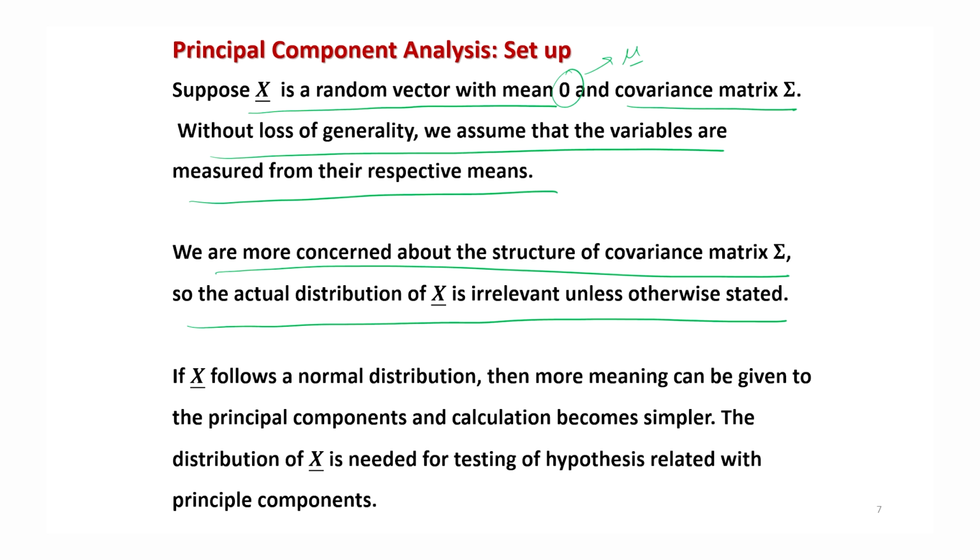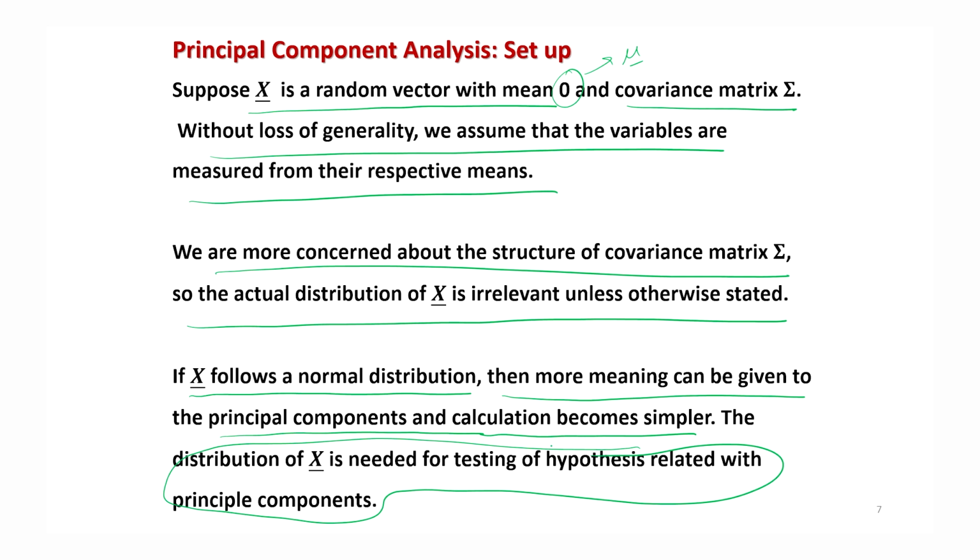On the other hand, if we additionally assume that X follows a multivariate normal distribution, then more meaning can be given to the principal components, and the calculation also becomes simpler. After obtaining the principal components, we also try to conduct tests of hypothesis for them, for which we will need this assumption.